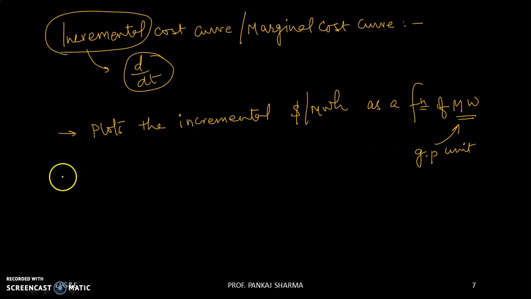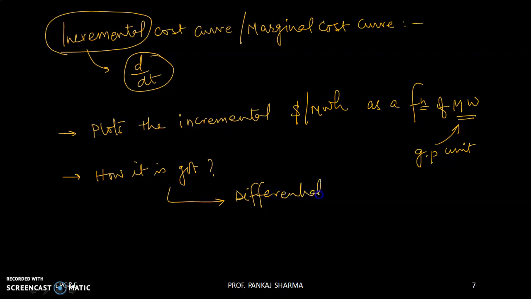And how is it got? It is found by differentiating the cost curve.